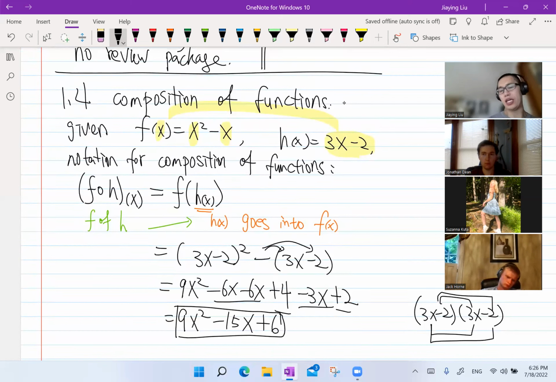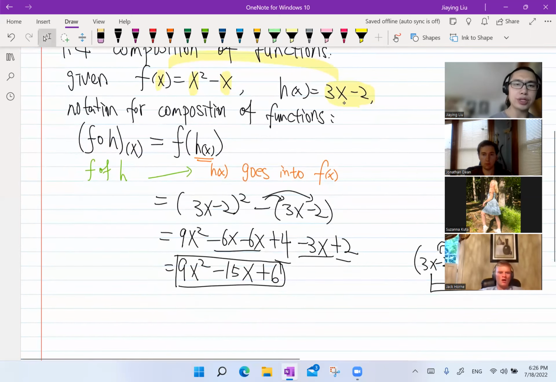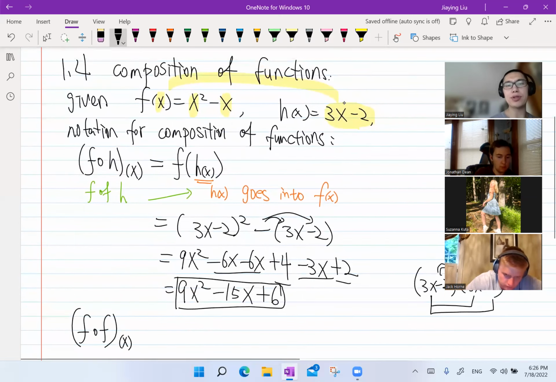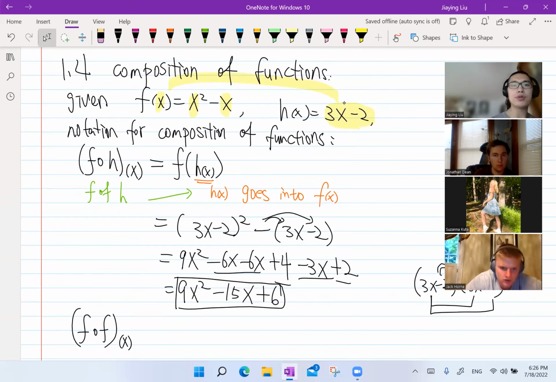We could also find h of f of x by taking f of x and putting it into h of x. Often they will trick you by asking you to find, let's see, f of f of x. So what this says is that I'm going to take the function f of x and put it into itself to replace all the x's.